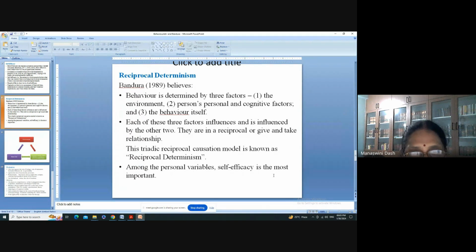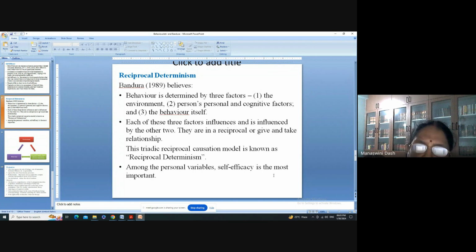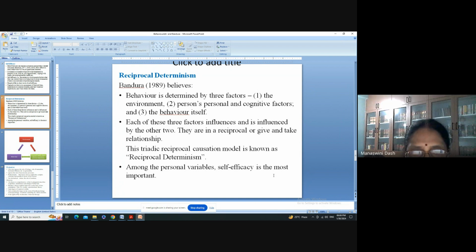And your behavior can also change the environment. Your environment, through reinforcement or vicarious reinforcement, whatever it may be, can also change your behavior. So they are also in a reciprocal relationship with each other.